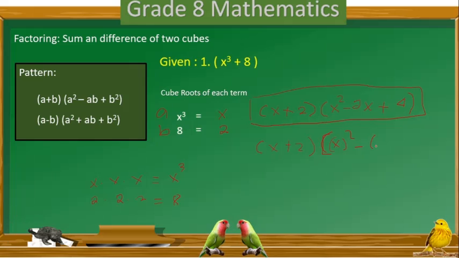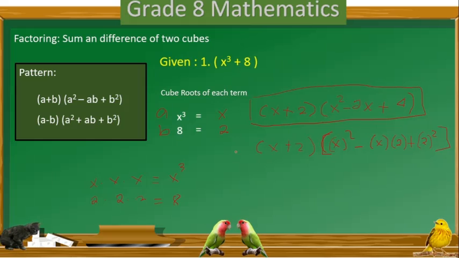So we multiply x by 2. Then plus, we will square b, we will square the value of b. So the value of b is 2, squared.